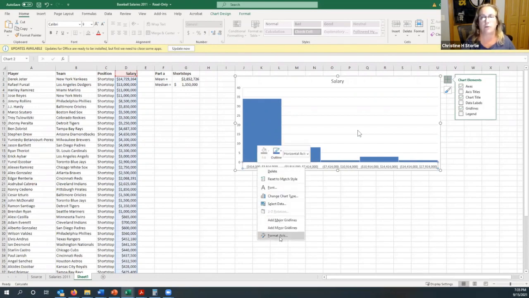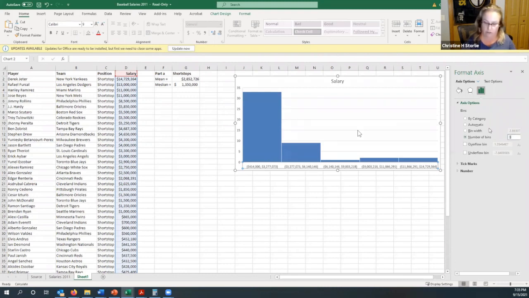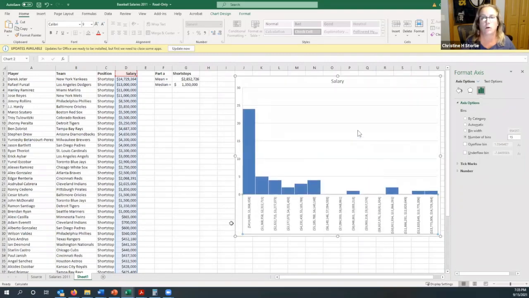All right, so I just kind of want to change this. Right click, format axis. Or you could double click it. And I want to change bin width, or the number of bins. Let's just change this from 5 up to 15 to see how different it is. Obviously, one of the things that happens, we see that now this first bin, $414,000 to 1.368.